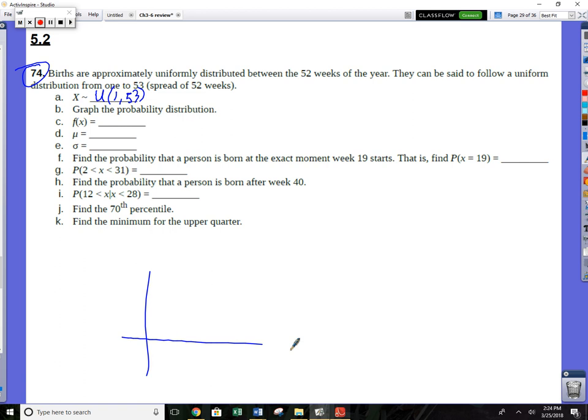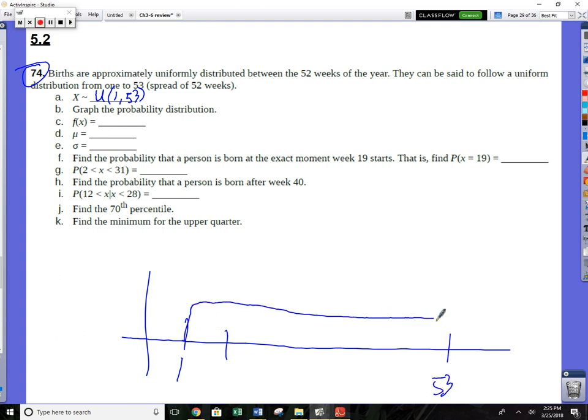So if you're going to graph it, they want you to go from 1 to 53. And how high up am I going with this horizontal line?